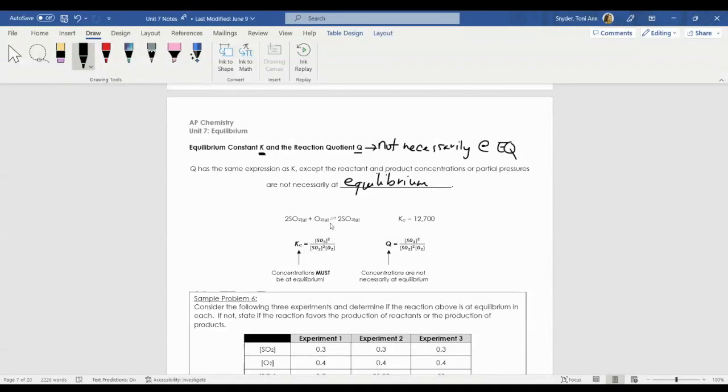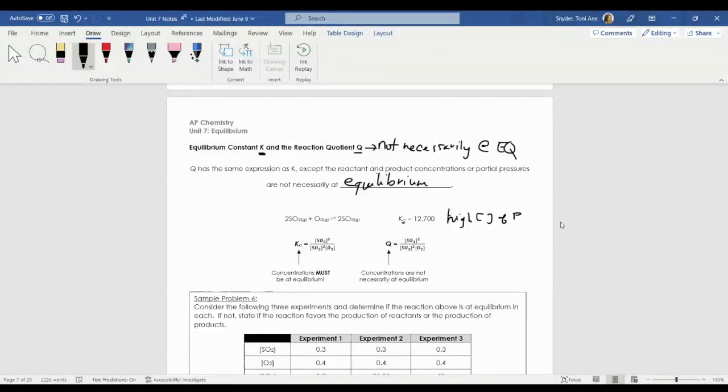So here's a particular example. I have sulfur dioxide reacting with oxygen gas, and I'm producing sulfur trioxide. In this particular equation, we're looking at concentration values, so it's Kc. Notice that the equilibrium constant is very large. It's well above 1. That means that I must have a very high concentration of products.